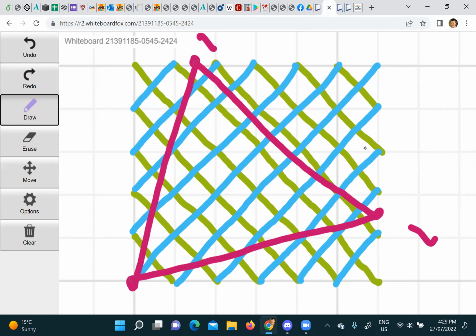So the easy way to count the number of squares is just to count where they intersect the green lines and the blue lines, and then delete the ones that you count twice, yeah? So this one intersects here, here. I think I miscounted.